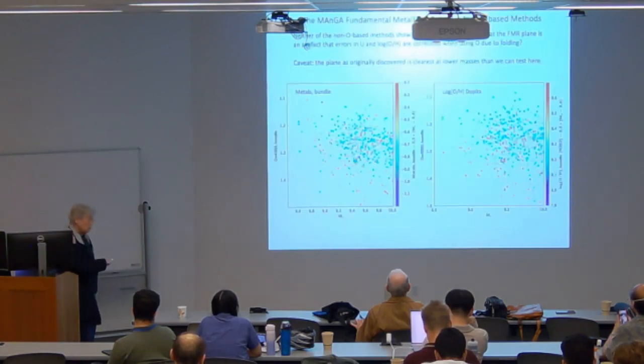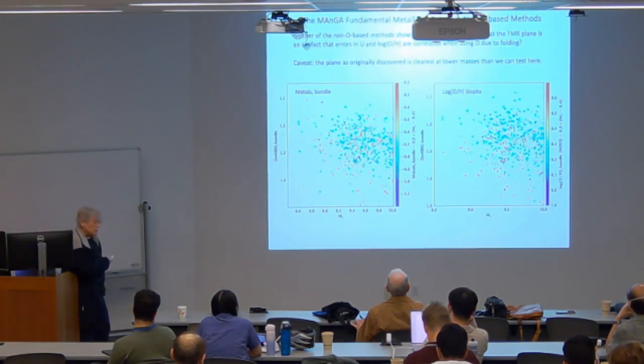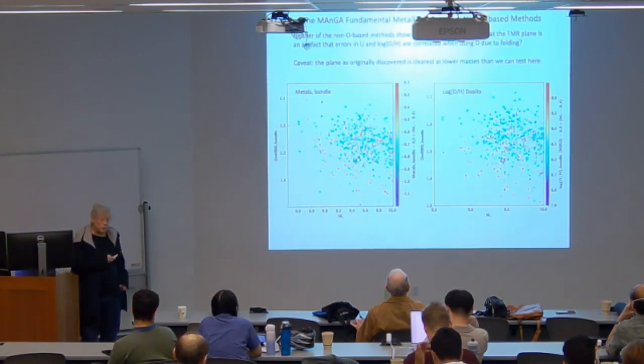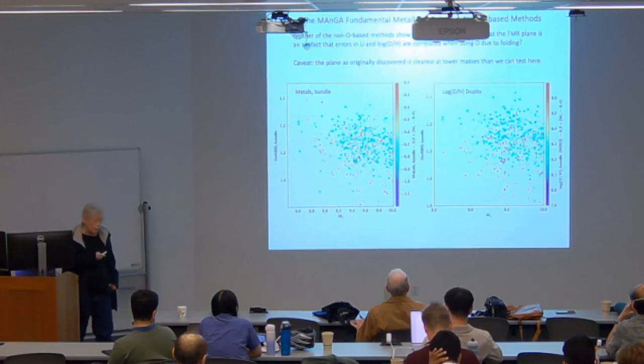And here's what you get if you use our stellar metal parameter. And there's no trend. And this is what you get if you use the Dopita abundances, which agree better with our data. And again, you don't see much of a trend, certainly nothing like what we saw in the original data.